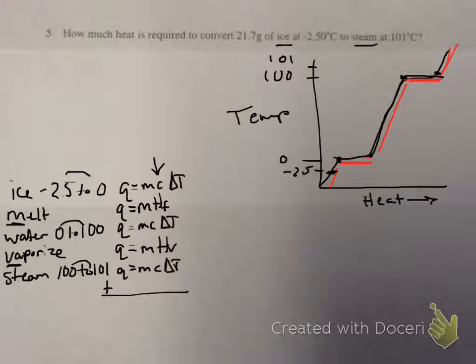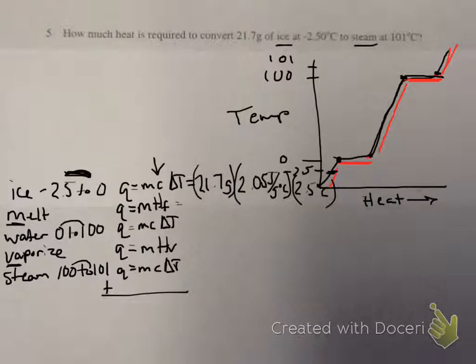For this particular problem, I'm going to plug things in. My mass is 21.7 grams times the specific heat of ice, which is 2.05 joules per gram degree C, times my temperature change. For this segment, my temperature change is 2.5 degrees C.